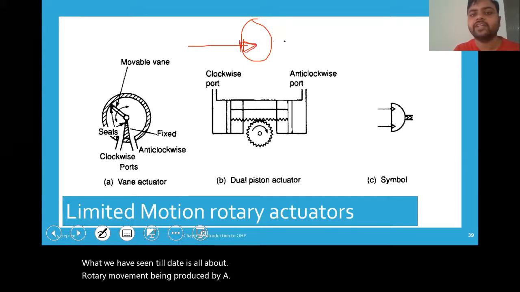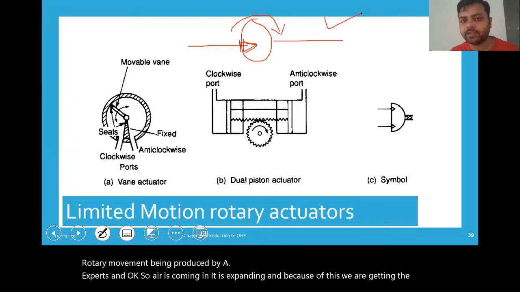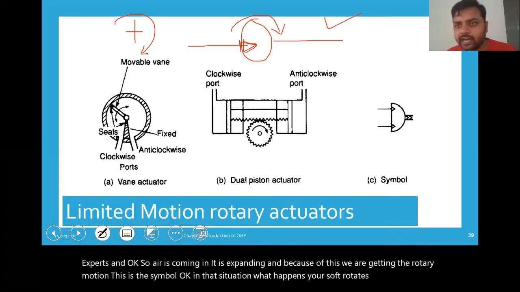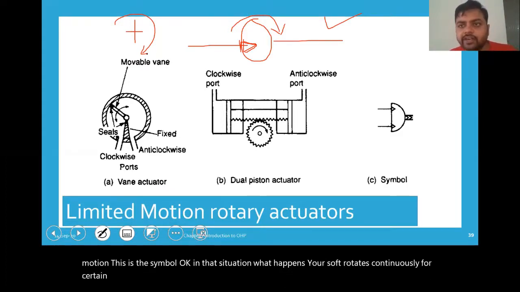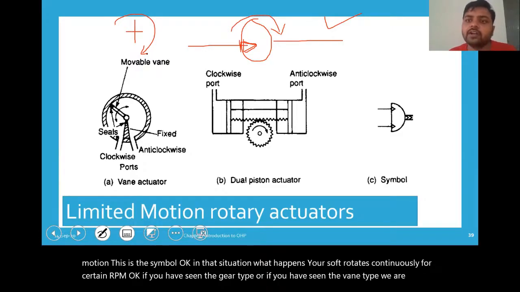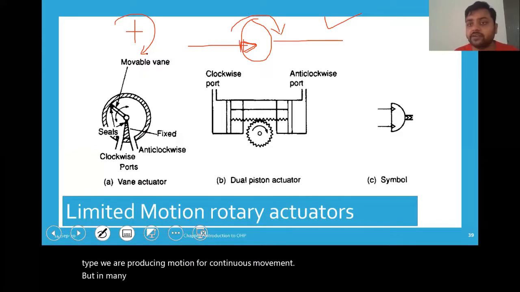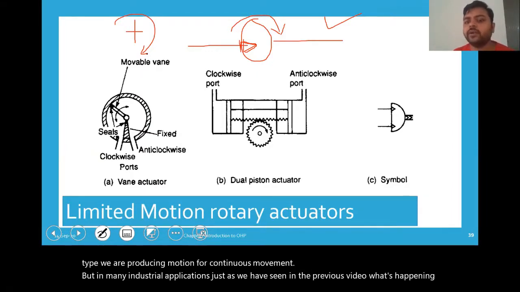Air is coming in, it is expanding, and because of this we get rotary motion. This is the symbol. In that situation your shaft rotates continuously at a certain RPM. If you have seen the gear type or the vane type, we are producing continuous movement. But in many industrial applications, as we saw in the previous video, we want movement only for a particular angle.